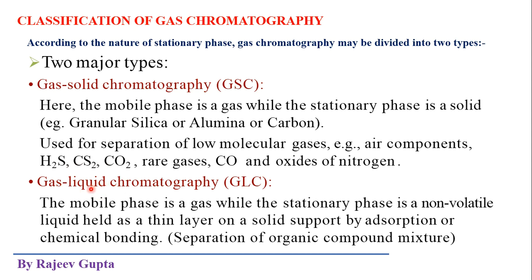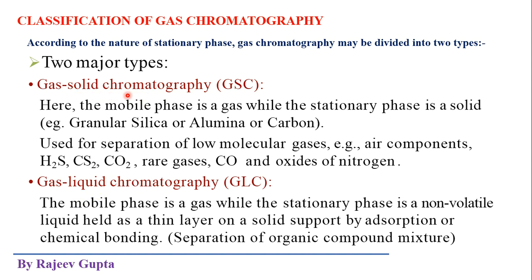How is it liquid? Here a green colored liquid is coated over solid particles, so this works as a liquid phase. Overall we see it as a liquid, because here partition takes place, whereas in GSC adsorption of the sample on the stationary phase takes place.